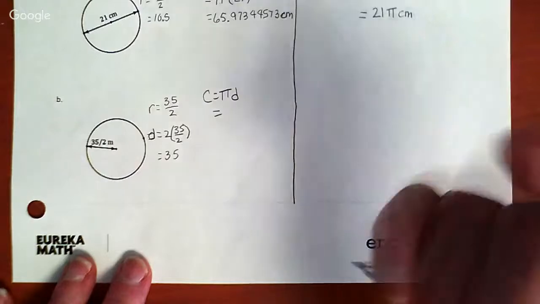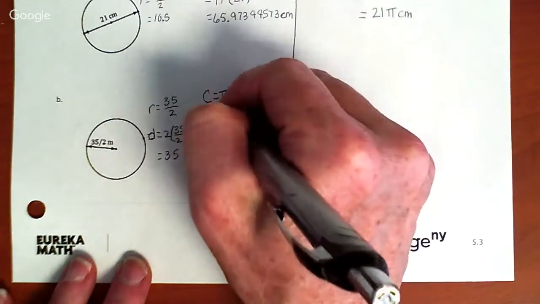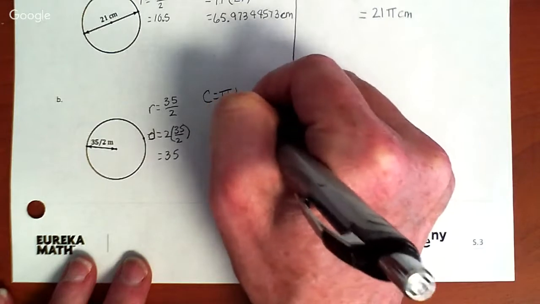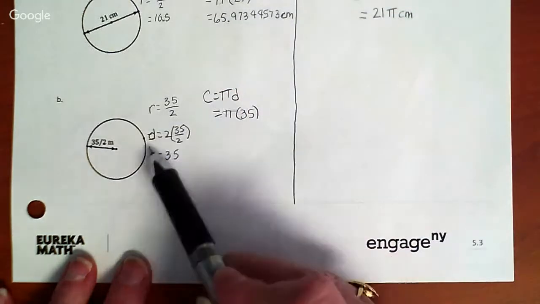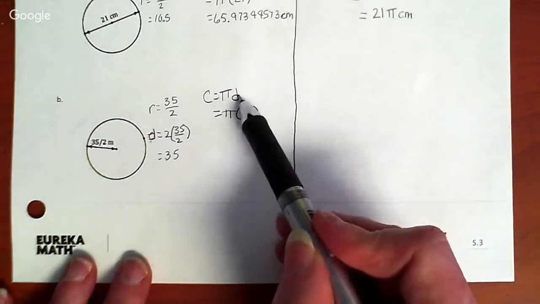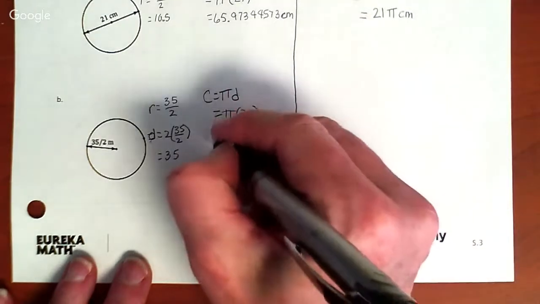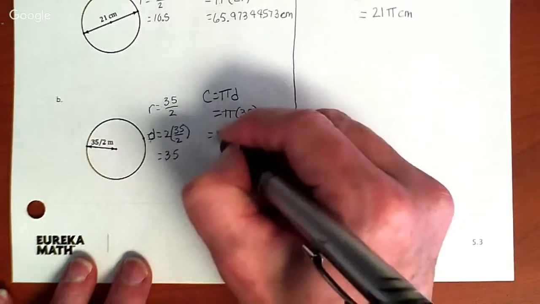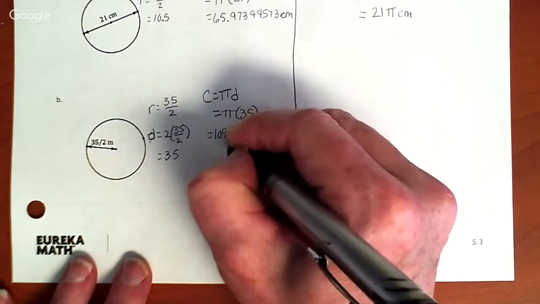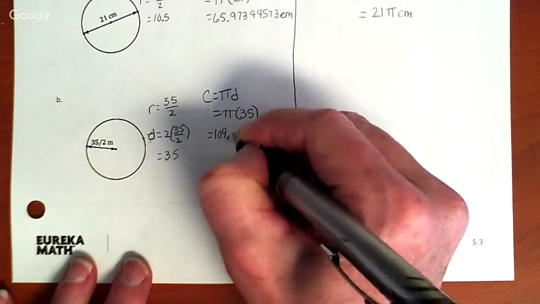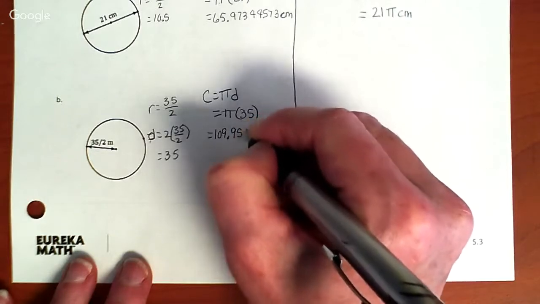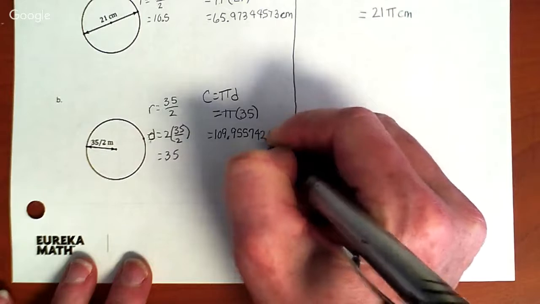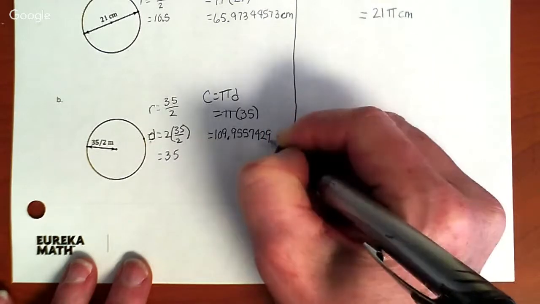We replace our diameter with 35. Remember, whatever the letter is, that's what you're replacing. D is 35. So when I put that into multiply, we get 109.9557429. And it's meters.